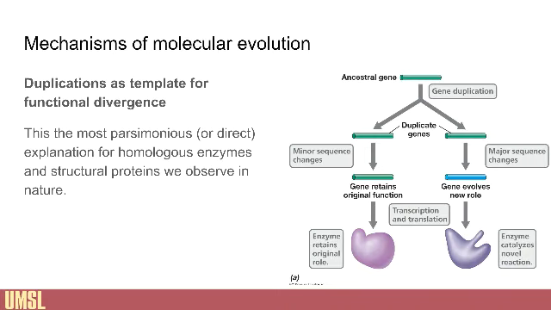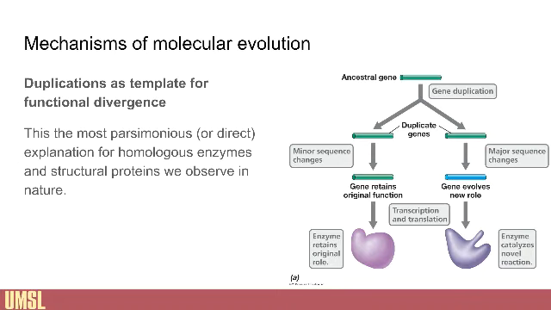The whole backdrop of why we can do that is based on this idea that duplications serve as a template for functional divergence. So if a gene duplicates itself, and you have two redundant copies of the same enzyme, now, depending on selective pressures, one can start to acquire mutations and become less functional in one particular activity than the original gene, and this one can evolve or can be selected to have new function, right?